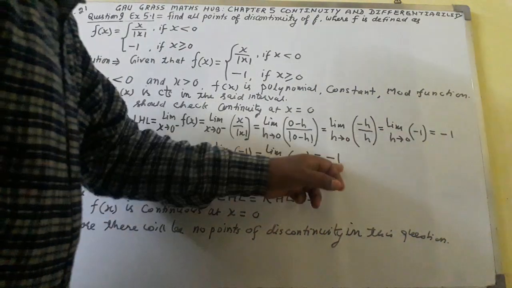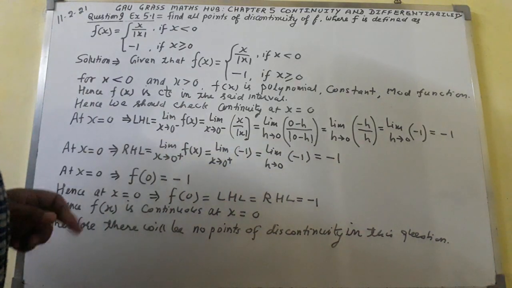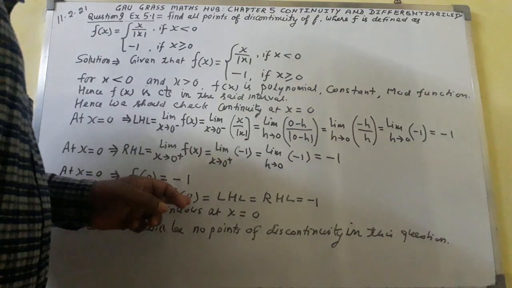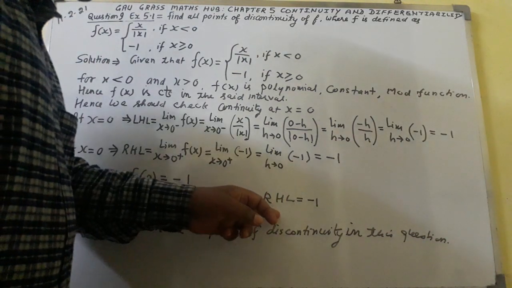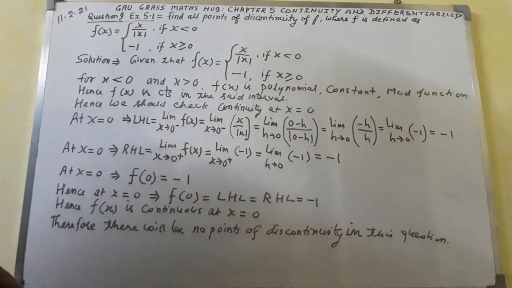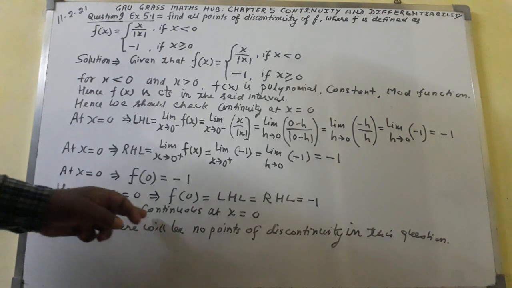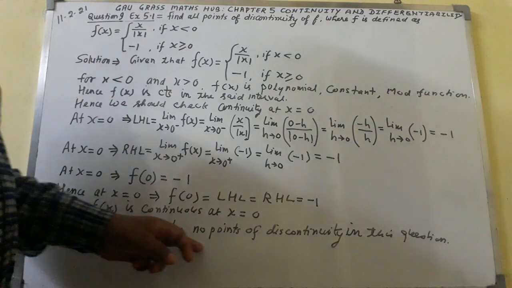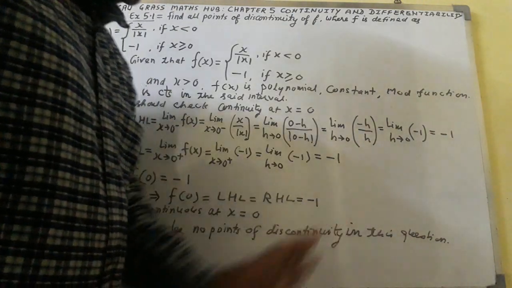That's why I have written here, hence at x equal to 0, f of 0 is equal to left hand limit equal to right hand limit equal to minus 1. Hence f of x is continuous at x equal to 0. Therefore, there will be no point of discontinuity in this question.